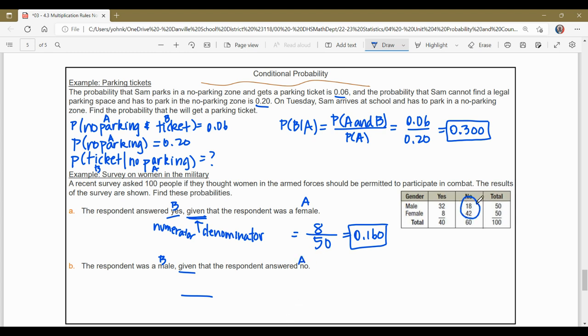That's the 18 and the 42. If I add those together, I get 60. And of those 60 that I circled, which ones are male? The answer is 18. That goes on the top. And then I do 18 divided by 60 and I get 0.300. So again, given goes on the bottom, the other goes on the top.